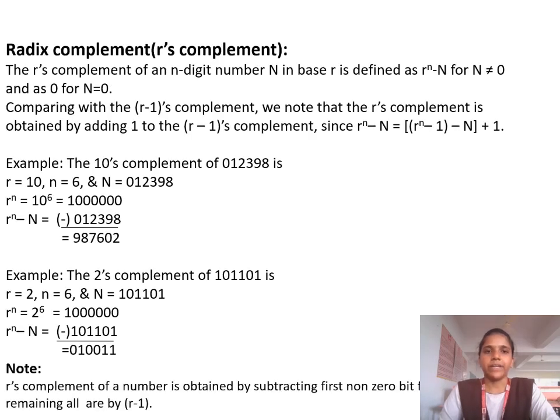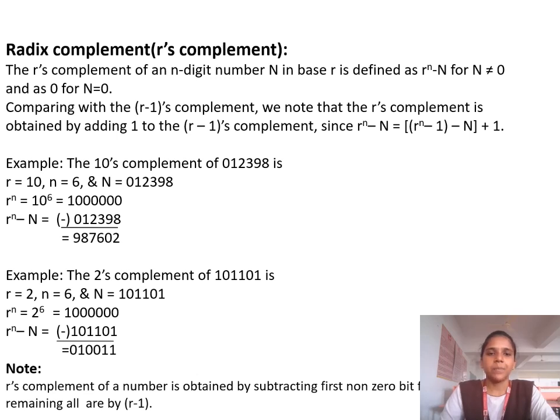Radix complement, it means the R's complement. The R's complement of an n-digit number capital N in base R is defined as R power n minus capital N for capital N not equal to 0, and as 0 for capital N equal to 0.